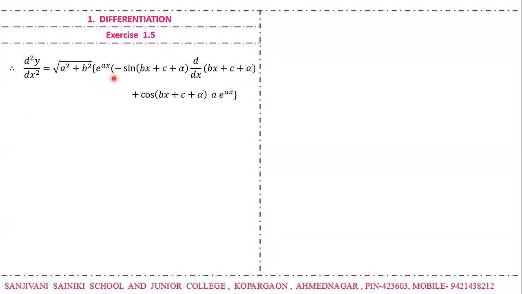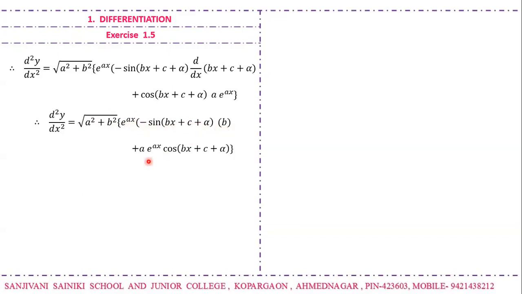The derivative of the second function is minus sin(bx plus c plus alpha) into d by dx of (bx plus c plus alpha). Now its derivative is only b, because c is constant and alpha is also constant, both having derivative 0. And so we get root a square plus b square in curly bracket: e raised to ax into minus sin(bx plus c plus alpha) into b, plus a e raised to ax cos(bx plus c plus alpha).